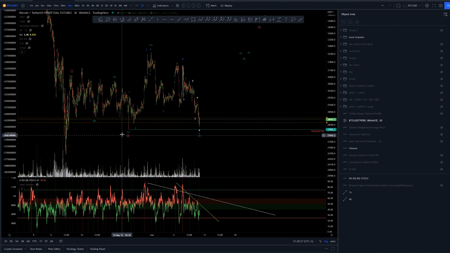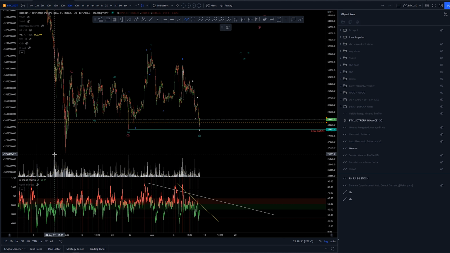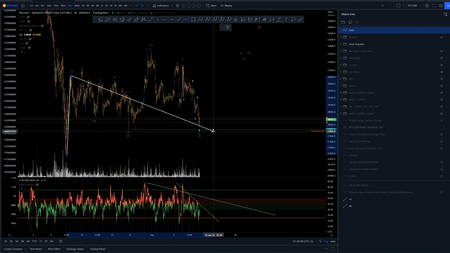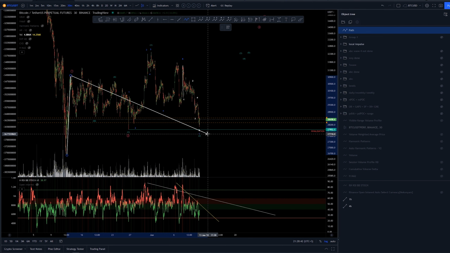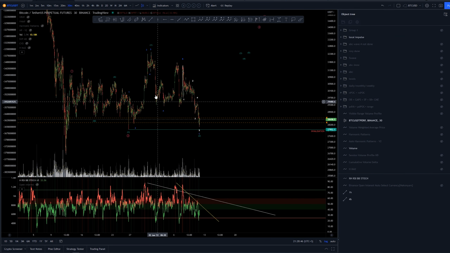Wave 2 already is very large on this one, so I can't really see us having a wave 1 here, and then if we are going to break these lows, look at this structure, how long it takes compared to the wave 1 here. It just doesn't make sense to me.